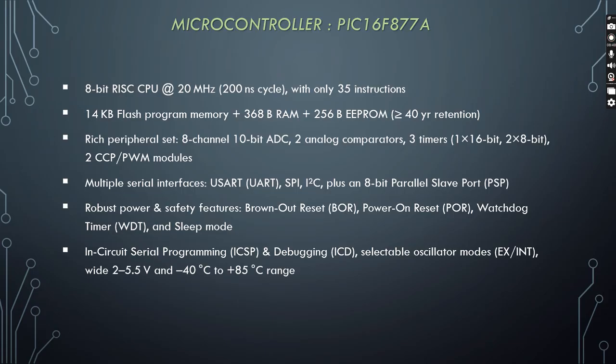We know that in embedded systems, the main concepts are the protocols. This microcontroller possesses USART, SPI, and I2C, like these main protocols. So we used this family of microcontroller in our internship.